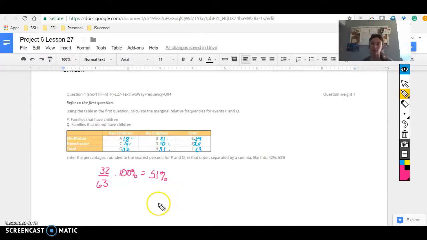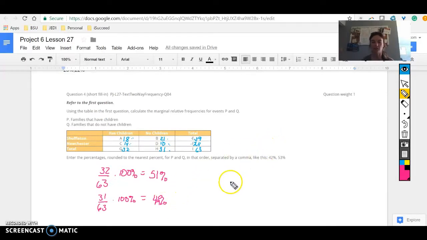It should equal 49%, because 100% of families were surveyed, 51% of them have children, so 49% of them should not have children. But let's just verify. Let's take 31 divided by 63 times 100%, and that is indeed 49%. Oops, forgot my 9. Okay, 49%.